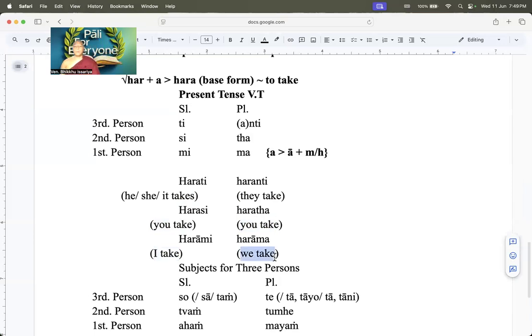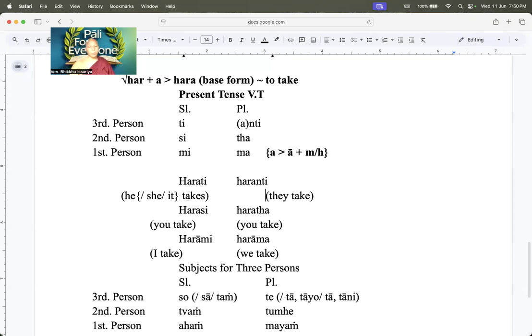Okay. And also, even though generally we can understand the meaning of harati as he takes. Okay, so he or she, I will put within the bracket. Yeah. So he takes.